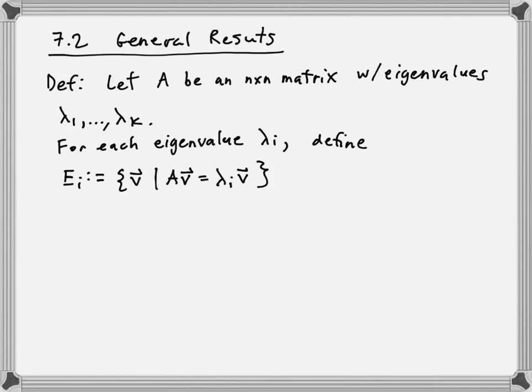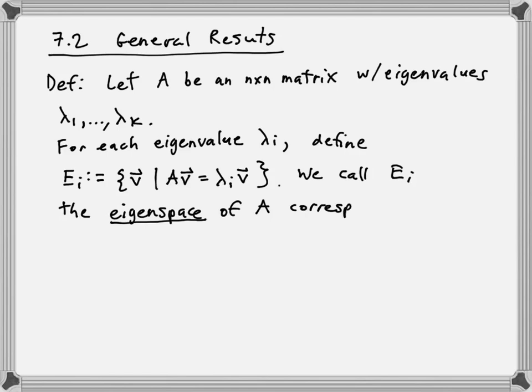Okay. We call E_i the eigenspace of A corresponding to eigenvalue lambda i.